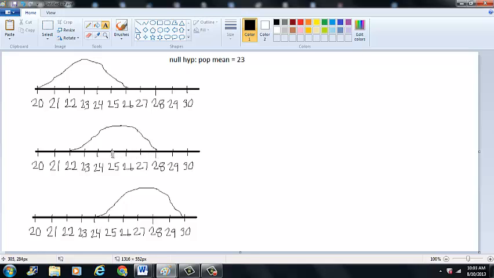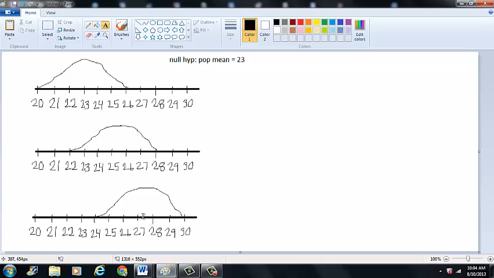When you go further away from 25 toward the left end, there are fewer possible samples that will give you a mean far at the left end of 25, and there's fewer and fewer possible samples once you start to go to the right end further above 25, up here.